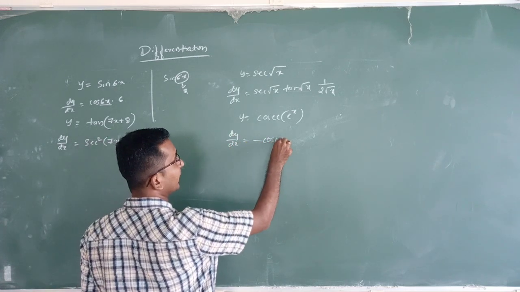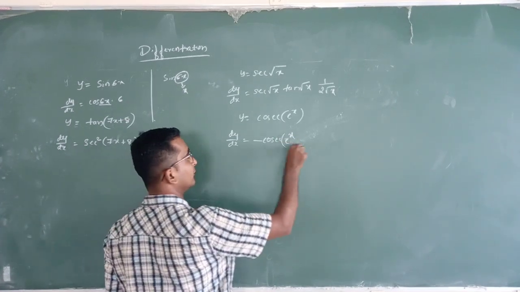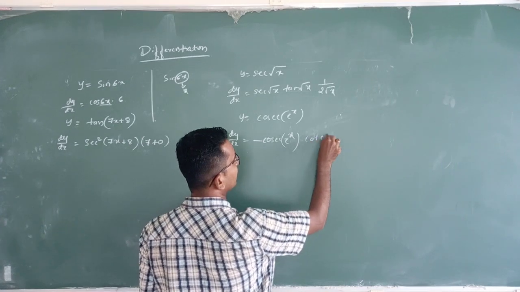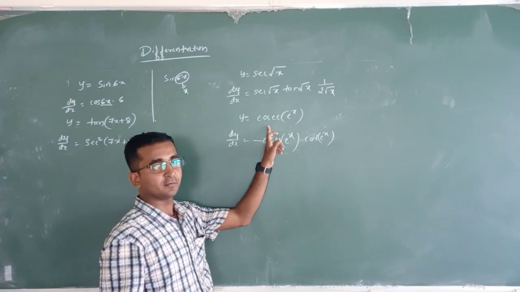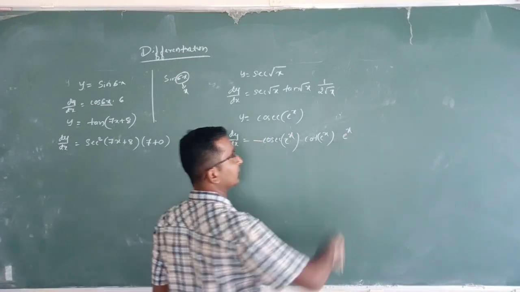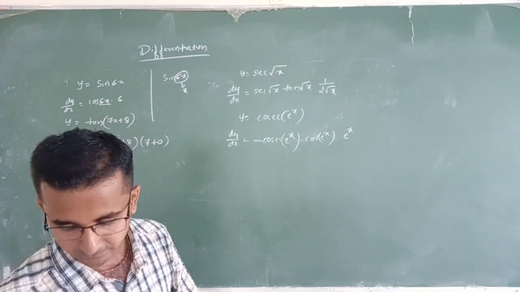Minus cosec x, and instead of x what you have to write? e raised to x. Cosec of e raised to x minus cosec of e raised to x into cot of e raised to x. So cosec x differentiation is over. The differentiation of e raised to x is e raised to x. Very simple. Getting? Okay.